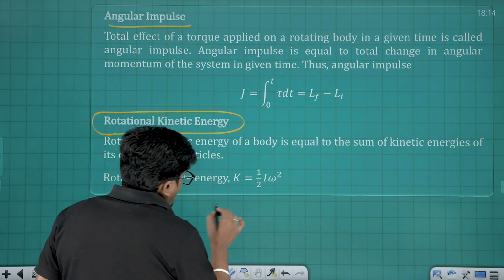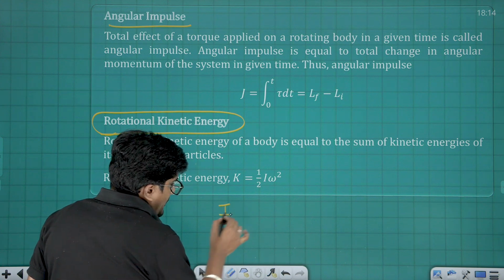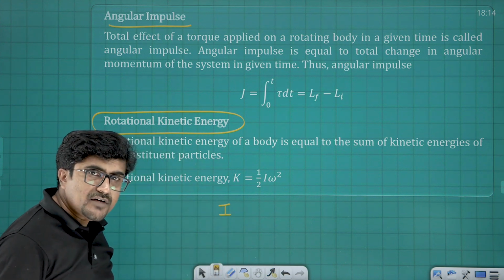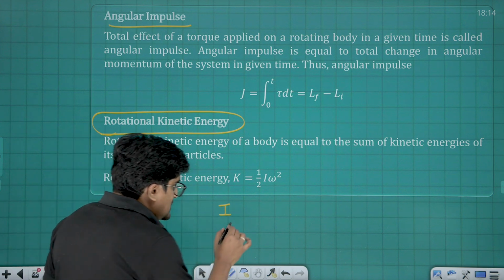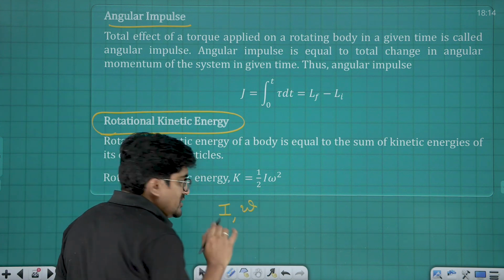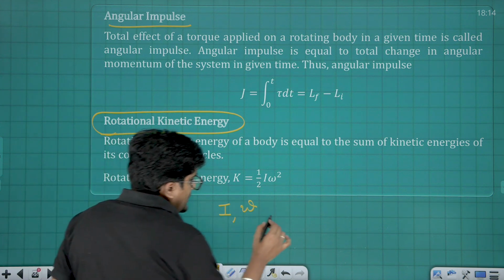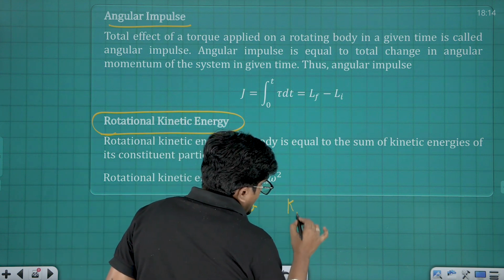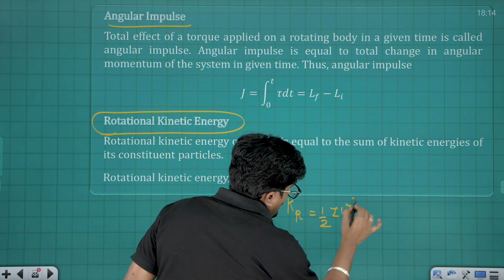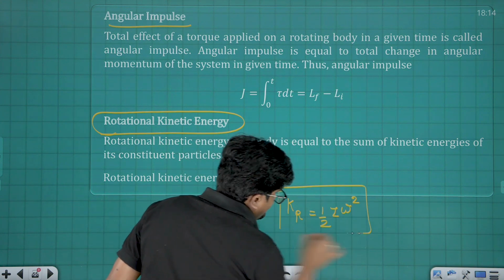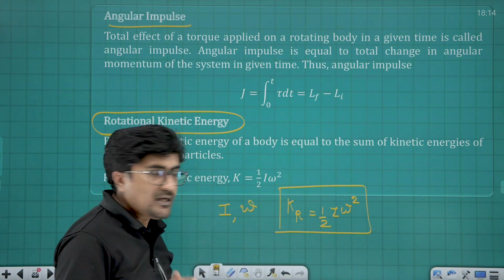If I have a rigid body whose moment of inertia with respect to the axis of rotation is I, and the angular speed at which the rigid body is rotating is omega, then the rotational kinetic energy is going to be half of I into omega square. That's going to be the rotational kinetic energy.